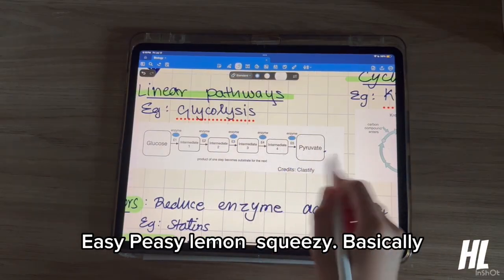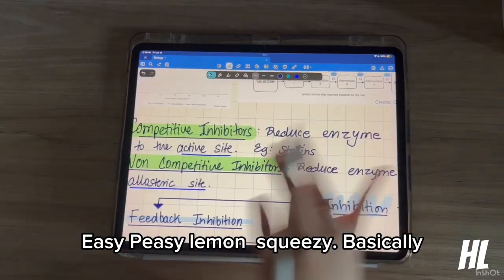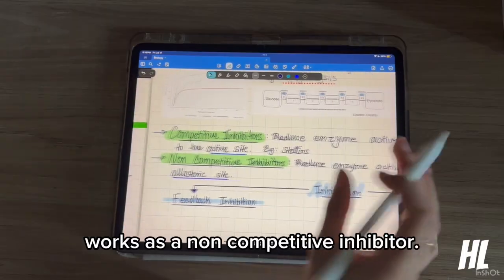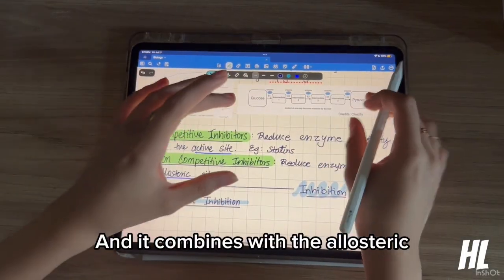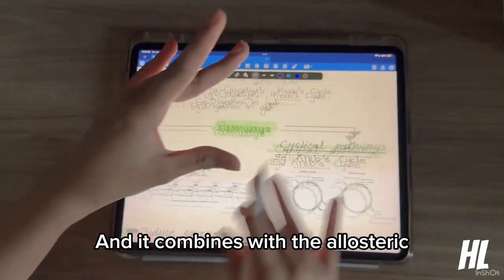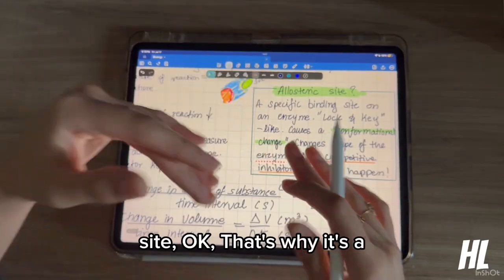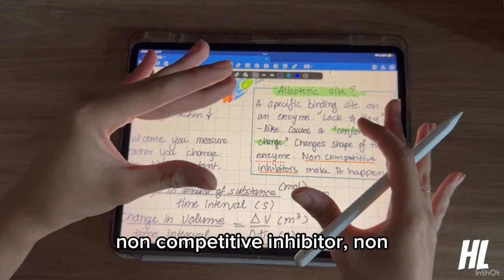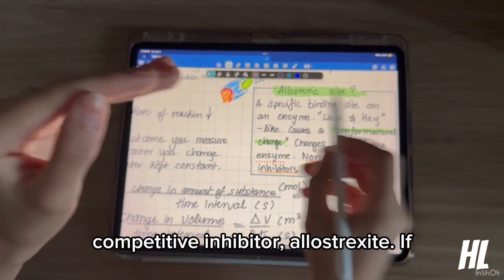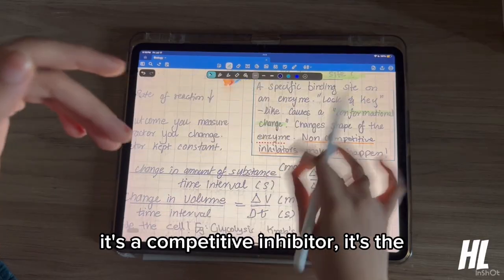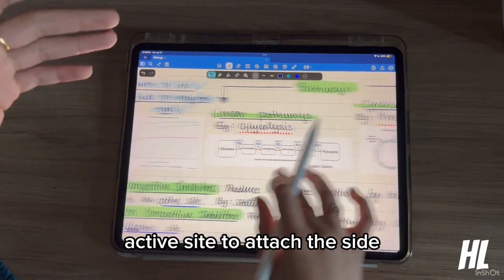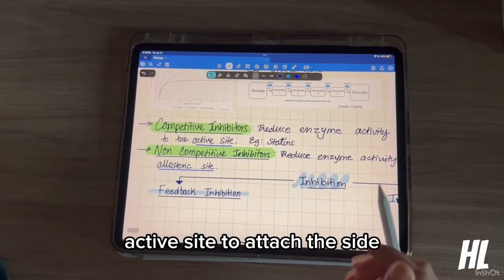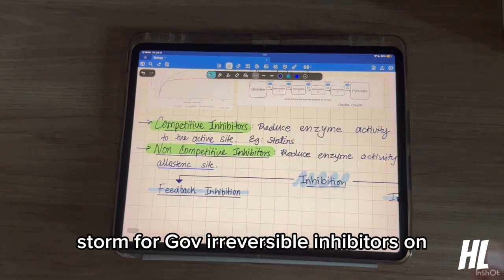Easy peasy and lemon squeezy. Basically, it works as a non-competitive inhibitor, and it combines with the allosteric site. That's why it's a non-competitive inhibitor. Non-competitive inhibitor, allosteric site. If it's a competitive inhibitor, it's the active site. Two types of sites, don't forget.